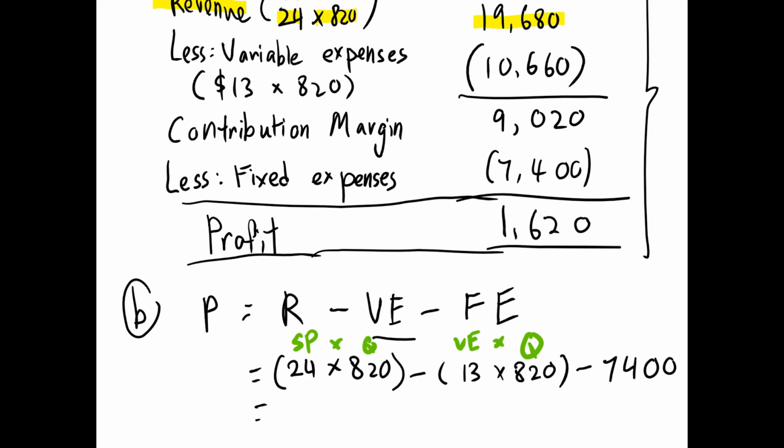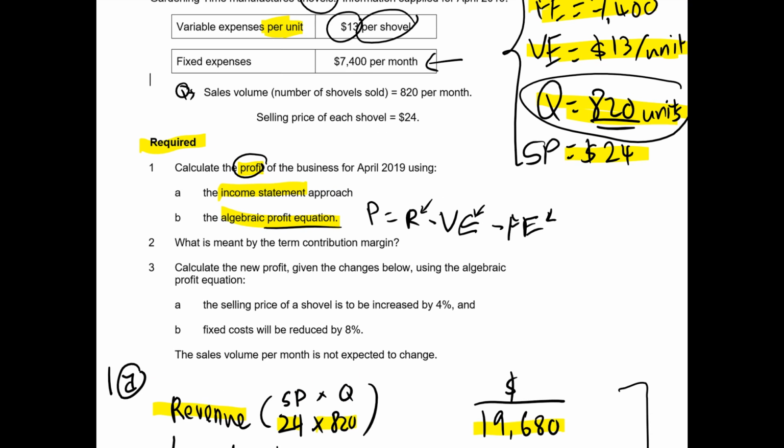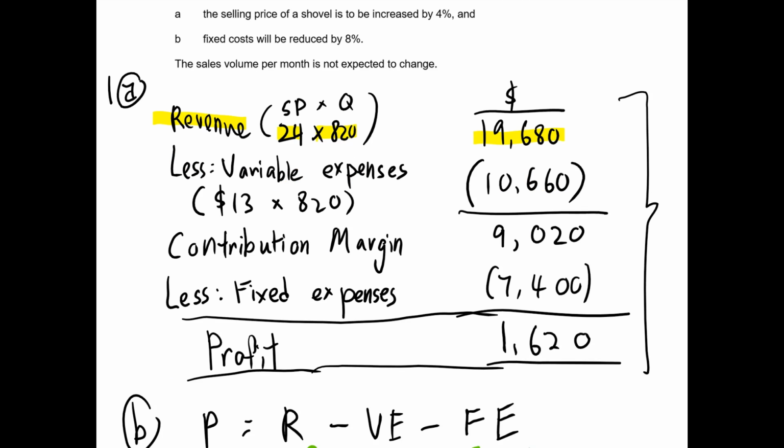If you calculate the figure, you will still get the same figure, which is 1620. So this is how you calculate your profit using the income statement approach as well as the equation approach.